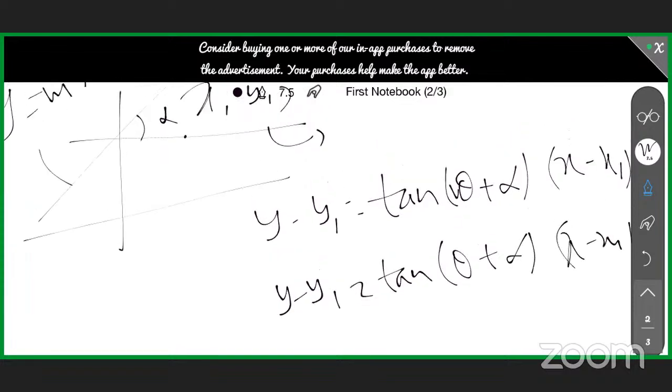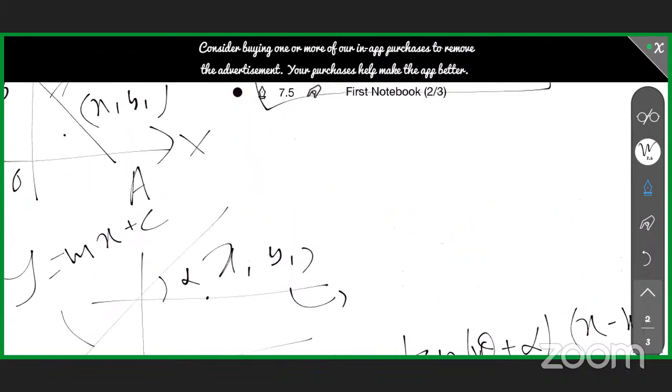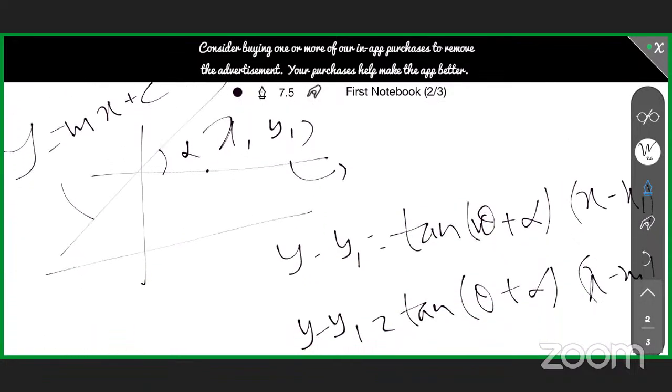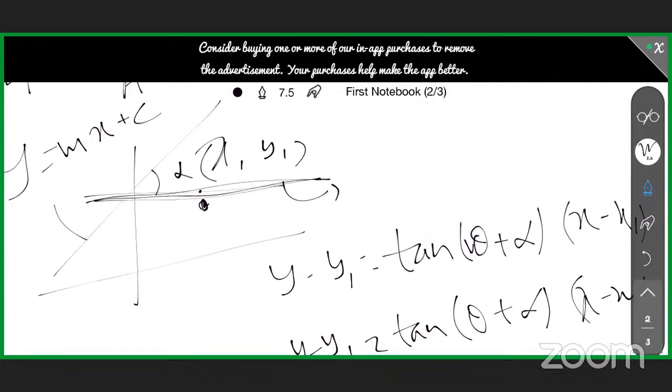That is, when there is one line, that line is passing through some point x1, y1, and is making some angle alpha with the line y is equal to mx plus c, which has y-intercept c.